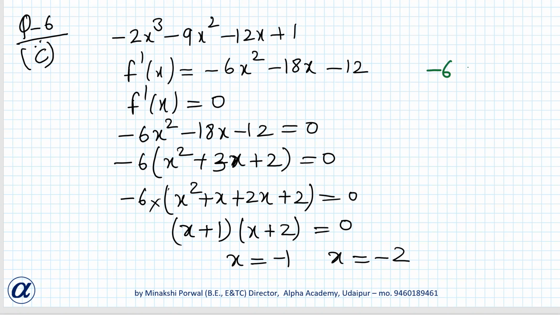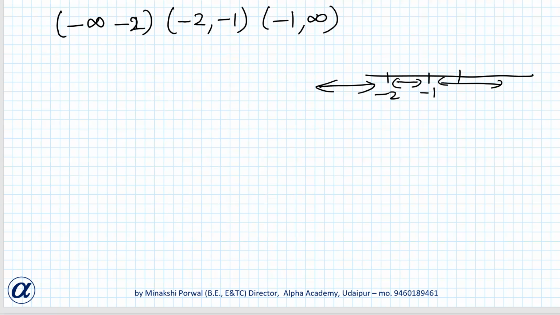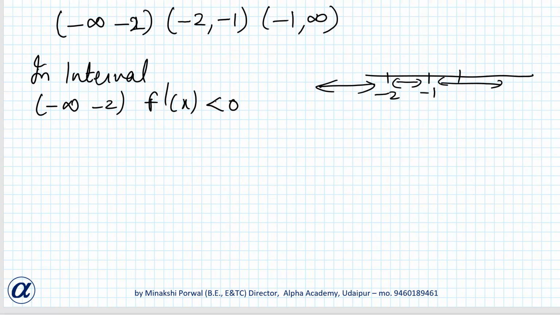Minus 6 into 9 and minus 3 is 54, minus 12. So this is negative. So in the interval minus infinity to minus 2, f dash x is less than 0. So the function is strictly decreasing.